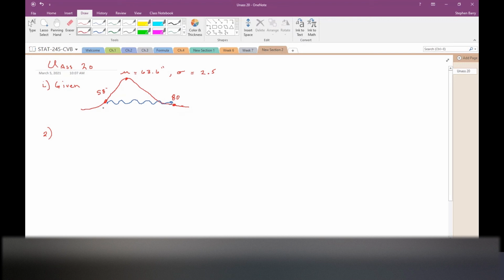The way you would do that is find the z-scores and then basically try and cut out that piece of the pie. What is the probability of finding somebody between these two values?